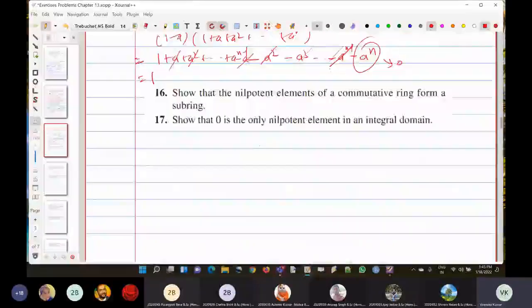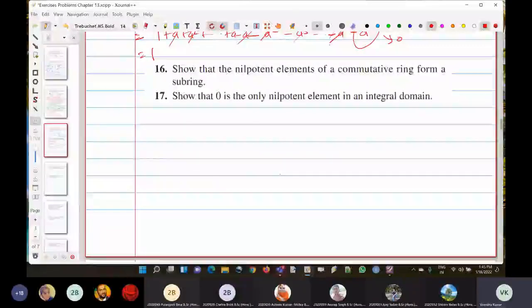Next question, 16. Show that the nilpotent elements of a commutative ring form a subring. So you need to show that, let us say, the collection of all those elements a of a ring such that a to the power n equals 0.